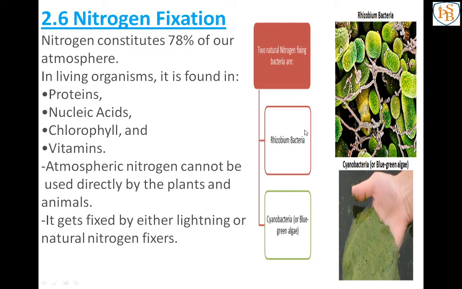Means these two fixers help to fix nitrogen in soil and then increase soil fertility, which is helpful for the production of crops or plants. So this is all about nitrogen fixation, which is done by rhizobium bacteria or cyanobacteria, means the blue green algae.